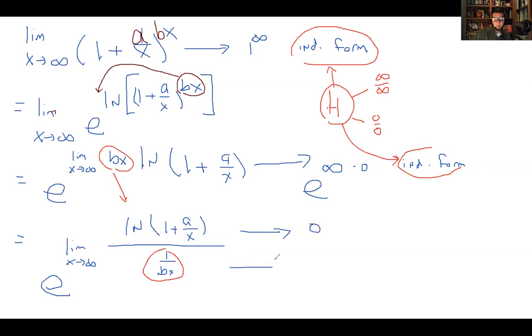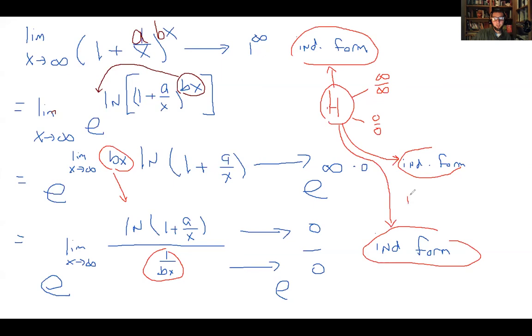The denominator is going to 0. And so we're getting e to the 0 over 0, which is an indeterminate form. But the good news about this particular indeterminate form is, boom, it's in the correct form, right? Hmm. Yay. Keep going. Yep.